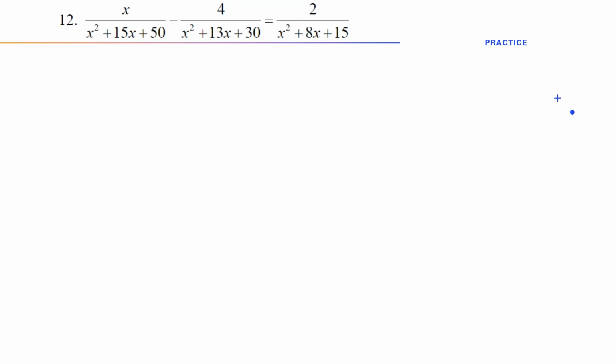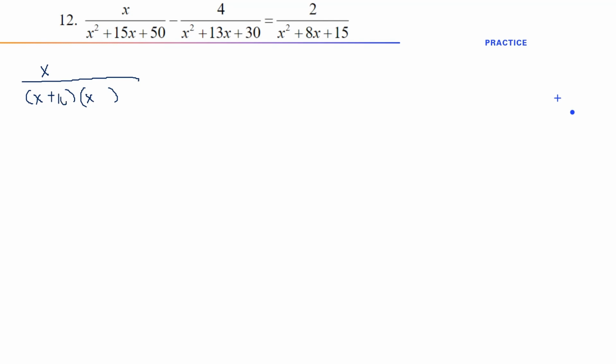This one more question, similar to it. So first thing, we have 2 factors. So if we have 5 times 10, right?